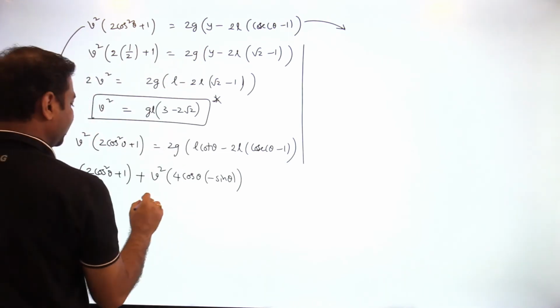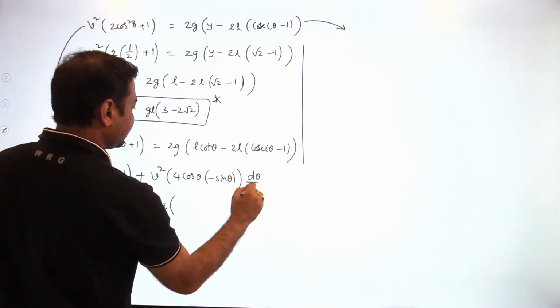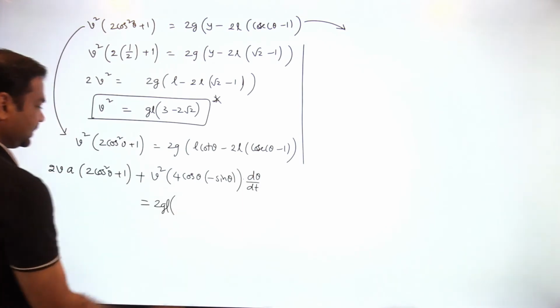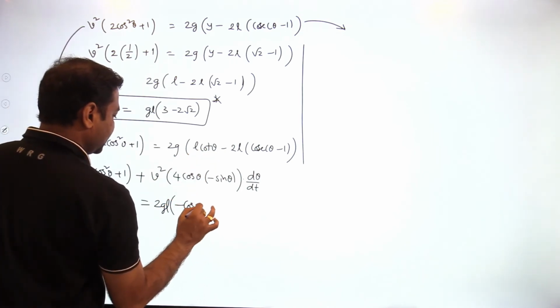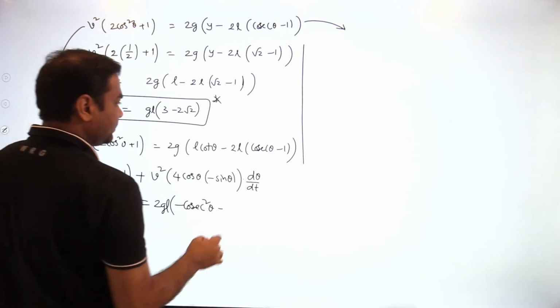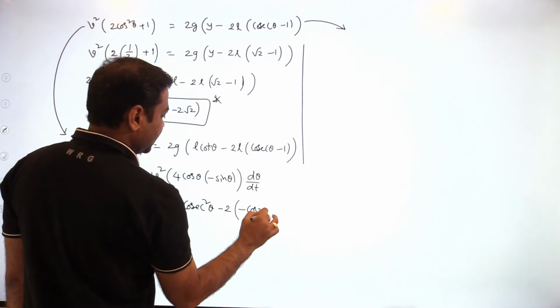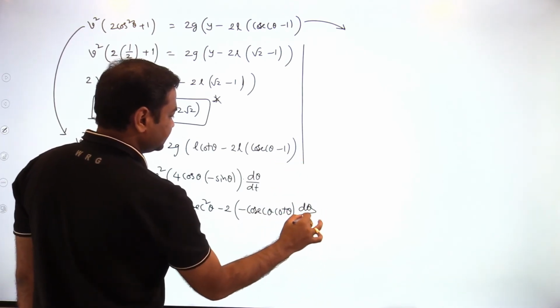We can apply the v square term. Is equal to 2g into, now differentiate with respect to dt by dt also. And 2g into L you can take out actually. Take the L out, then the derivative of cot theta is minus cosecant square theta, minus 2 into the derivative of cosecant theta minus 1, which is minus cosecant theta cot theta, the derivative of the constant is 0, into dt by dt.